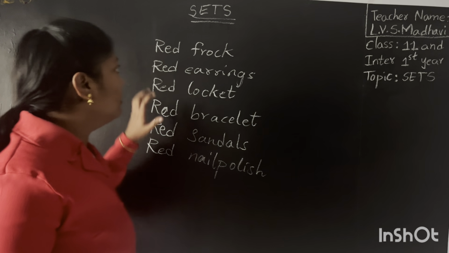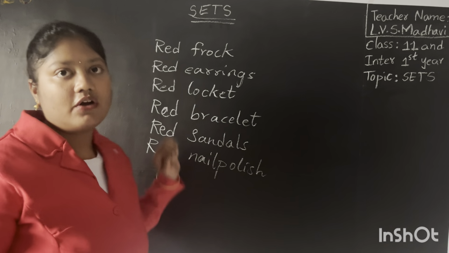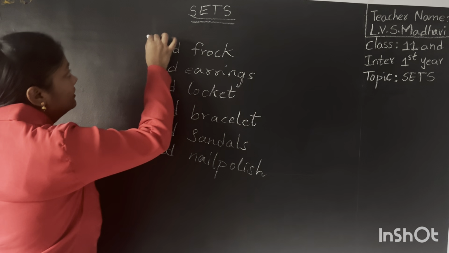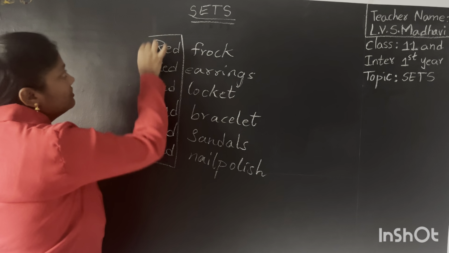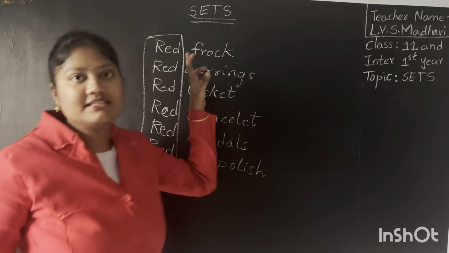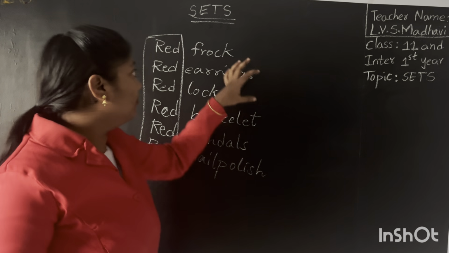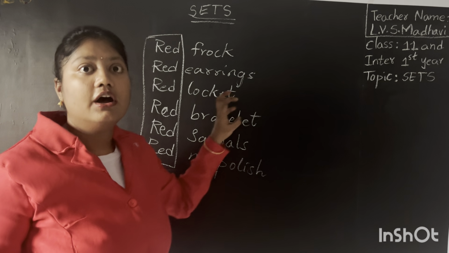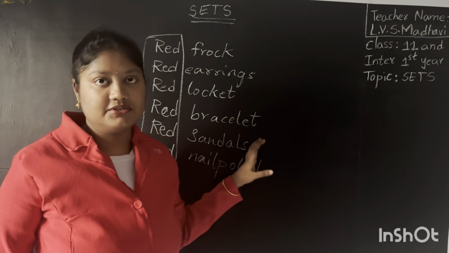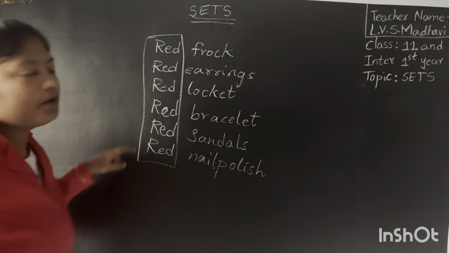Now let us see what is the common thing about all this. There is a word called red. So simply, what is meant by a set in a general sense? A set is nothing but a combination or a group of elements or objects having some common property.